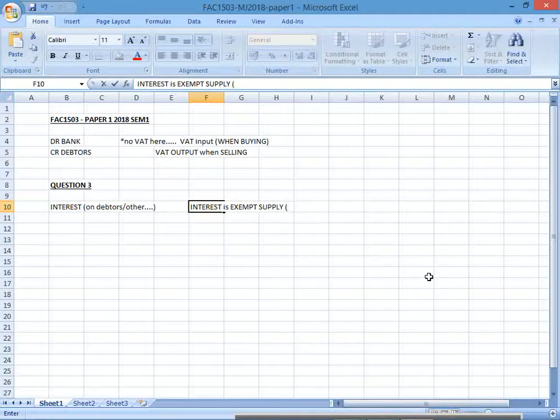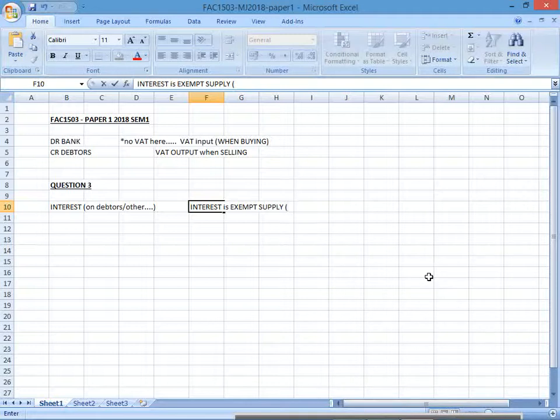Think about it logically. If the bank is going to charge interest, let's say 20%, if the receiver of revenue had to charge an extra 15%, that's going to kill the person taking out that loan. All of a sudden, from 20%, it's now 35% because they need to pay an extra 15% for VAT. Right, so SARS understands that, and that's why they exempt interest from VAT.